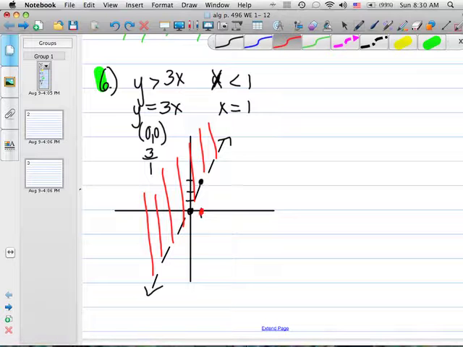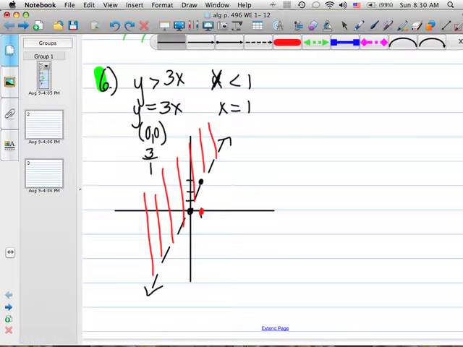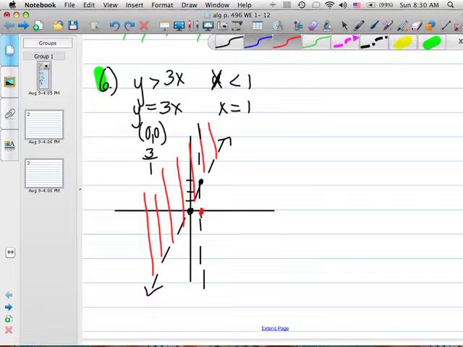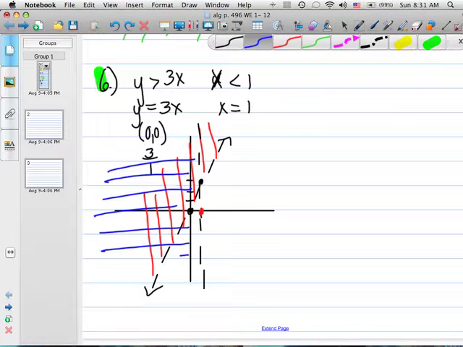And it is a dashed line also. And it says less than, so that would be shaded to the left. So the crosshatch area would be right along this, and then shaded in here.